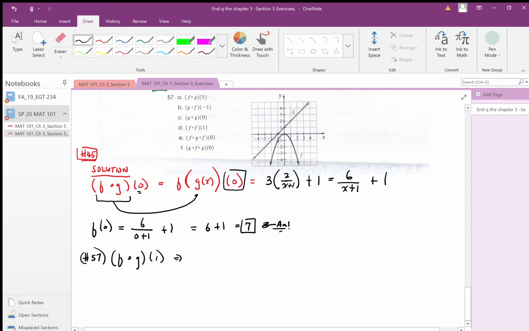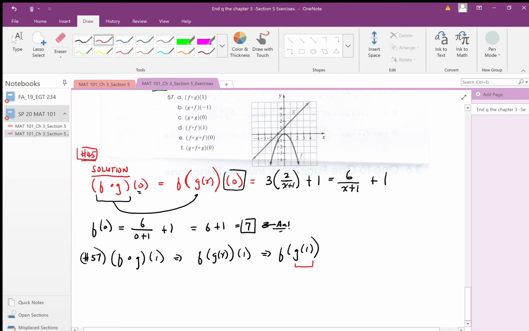So again, this is going to be f of g of x, of 1. That's what that typically means. We can rewrite it that way. So now I would say f of g of 1, right? So what is this value?